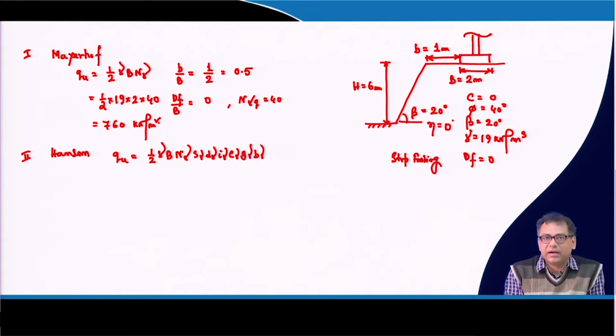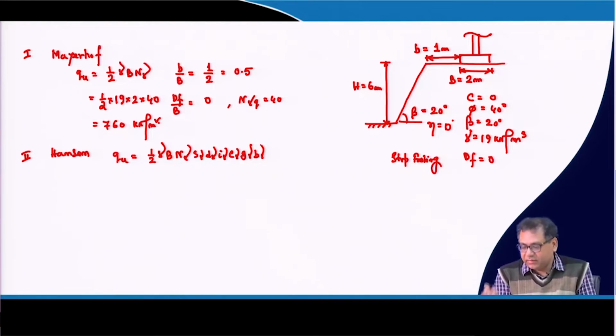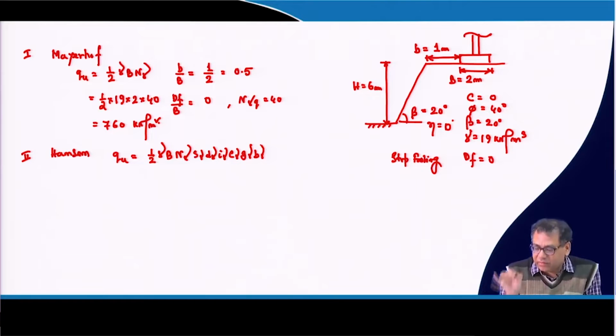So all the 6 factors are written. Let me write one by one. S gamma, because it is a strip footing, will be 1. D gamma, because it is on the surface, will also be 1. Then I gamma, it is not inclined loading, so I gamma will also be 1.